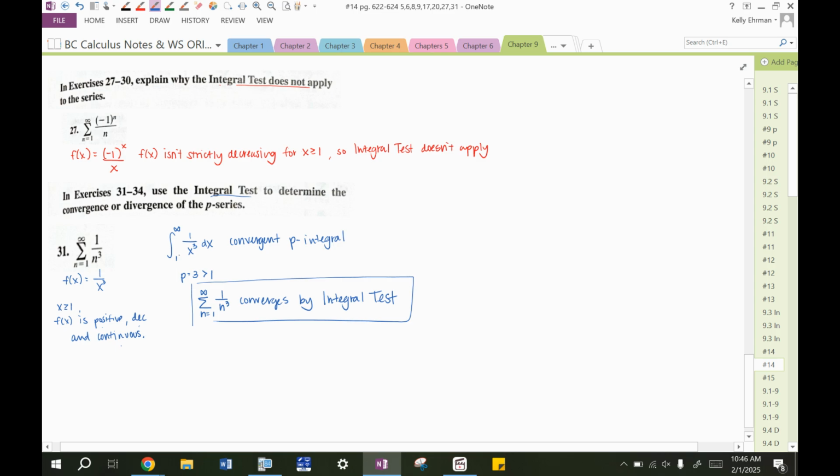We know that the integral from 1 to infinity of 1 over x cubed is convergent. It's a convergent P integral. And if I remember correctly, the sum is like, if this is 1, the sum is like 1 over p minus 1, right? This should add up to 1/2. And so by the integral test, if this P integral converges, then we can call this a P series, and it converges by the integral test as well.